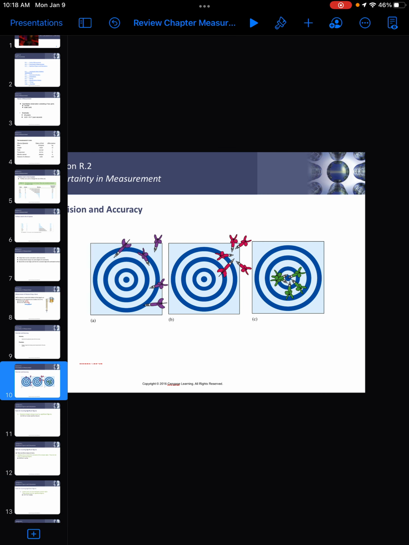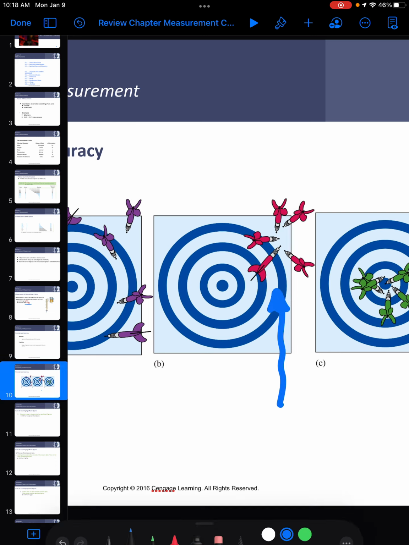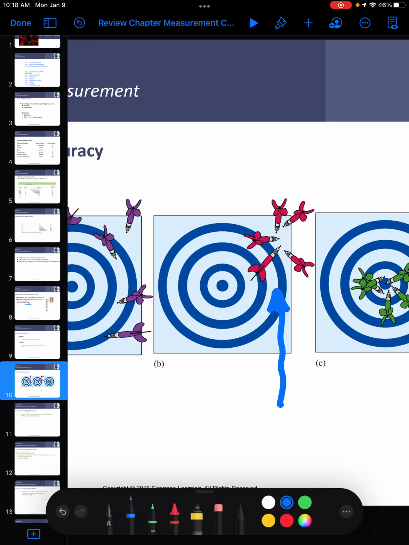We like to use something like this, or a trash can with people throwing paper at it or something. If you throw with great precision and your throw is consistent and precise, it may not be accurate, you see a good grouping of your values and your results.